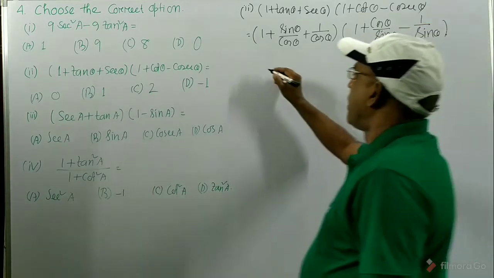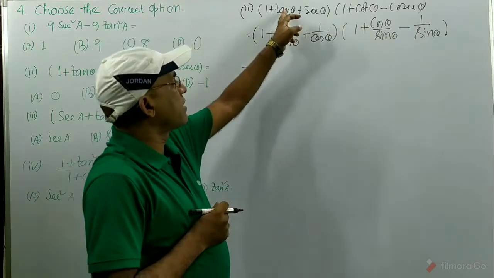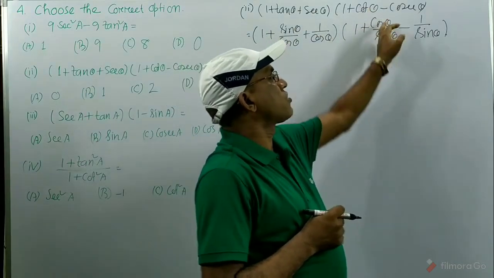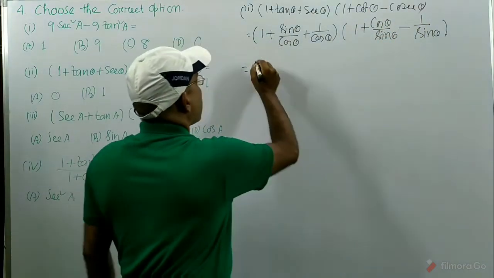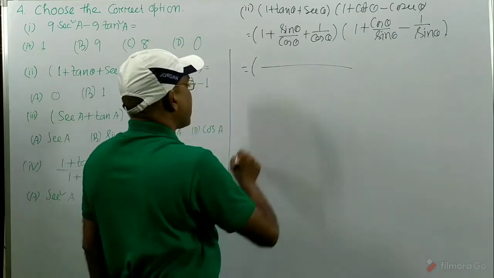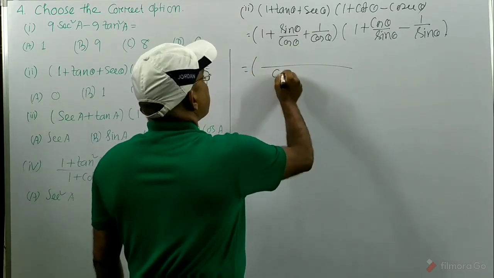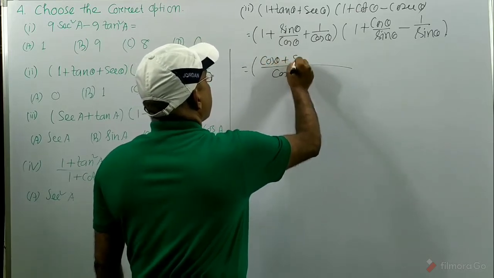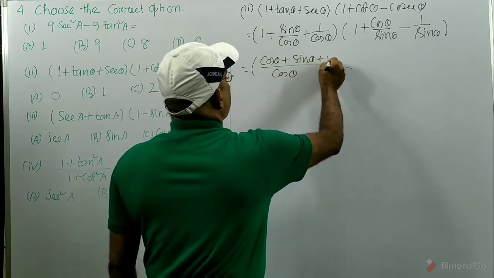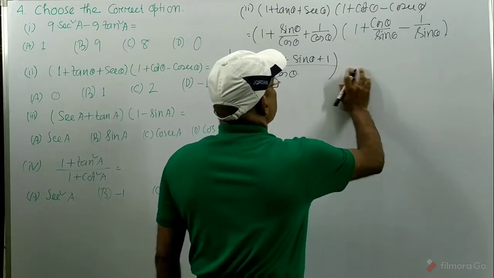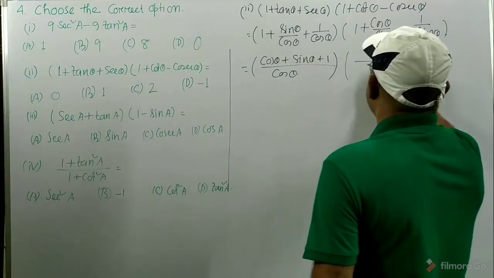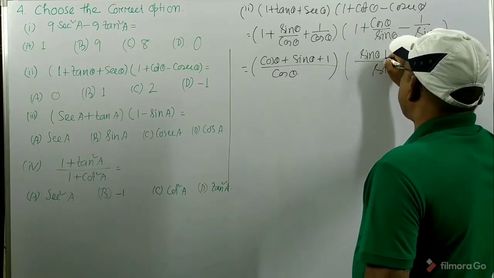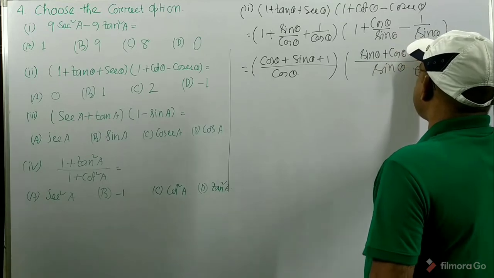Now taking LCM: LCM is cos theta, giving cos theta plus sin theta plus 1, and the other LCM is sin theta, giving sin theta plus cos theta minus 1.